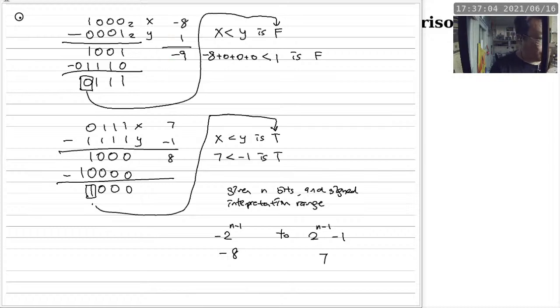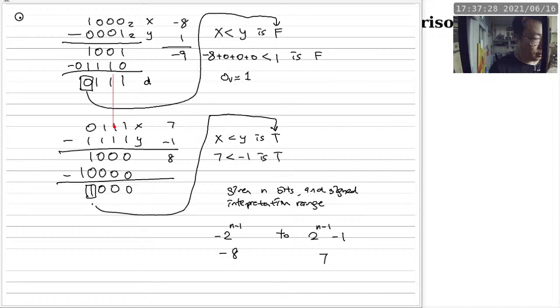With this one, what is the overflow flag? The overflow flag is going to be a 1 in this case, because x n minus 1 is a 1, y n minus 1 is a 0, and d n minus 1 is also a 0. So overflow is going to be a 1 in this case. Let's take a look at this one here.